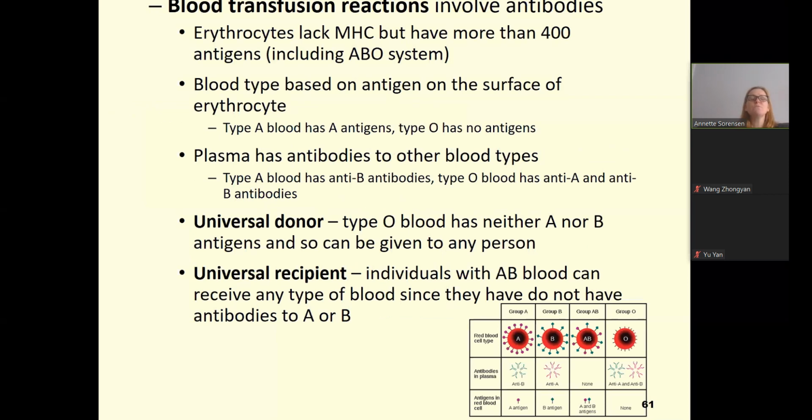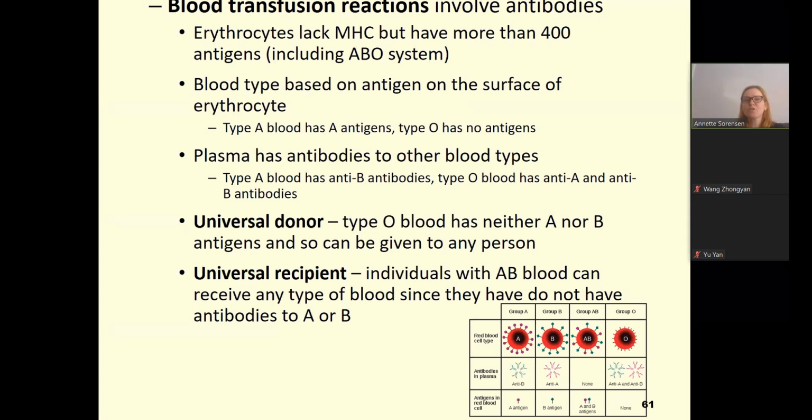Now, the immune system also plays a massive role in blood transfusion, and this is antibodies that are involved. You probably all know about the blood type system. Our red blood cells, also called erythrocytes, have antigens on them.